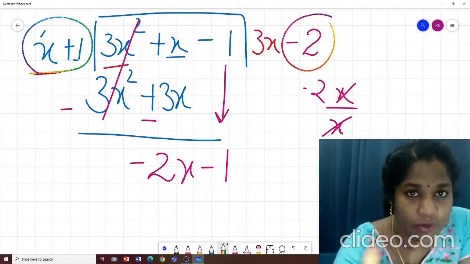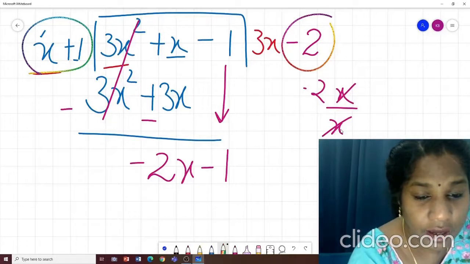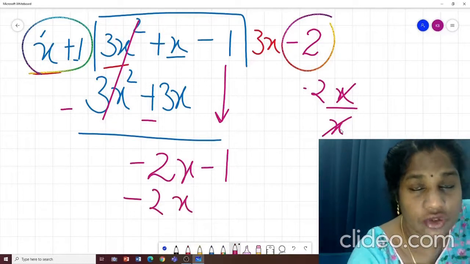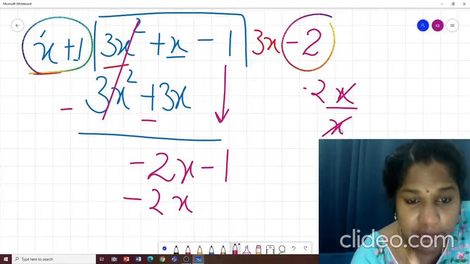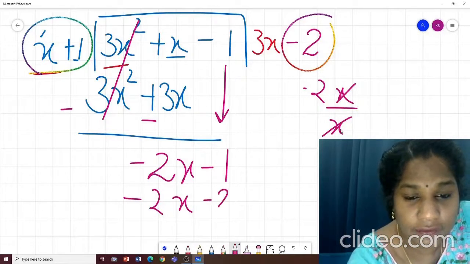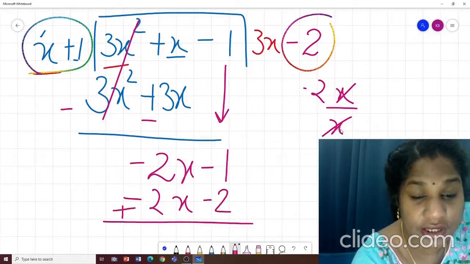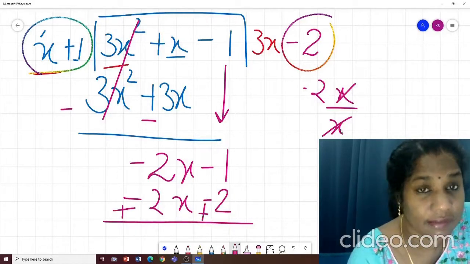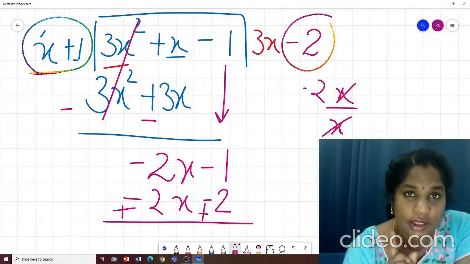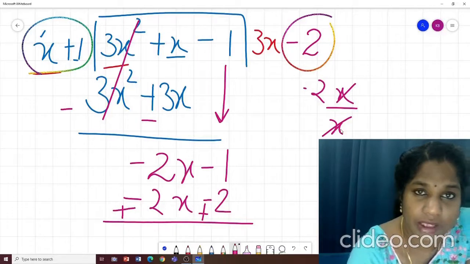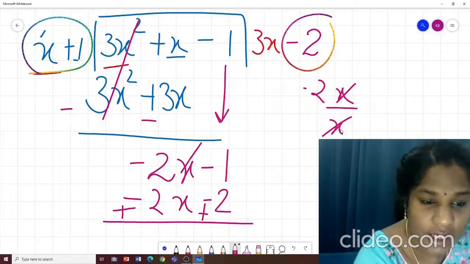So x into minus 2 gives me minus 2x. 1 into minus 2 gives me minus 2. Perfect. I will go ahead, change the signs. Always remember to change the signs. Minus 2x and plus 2x, it will become 0.